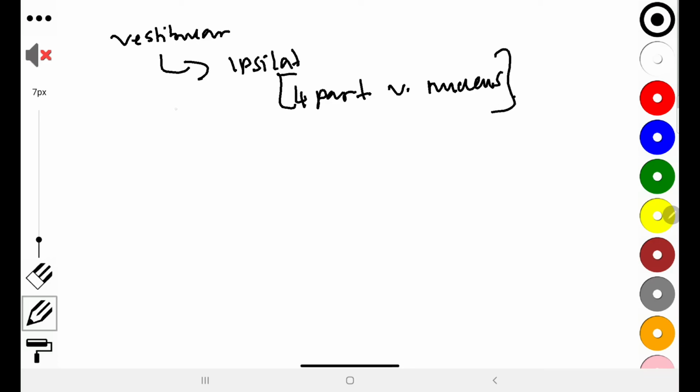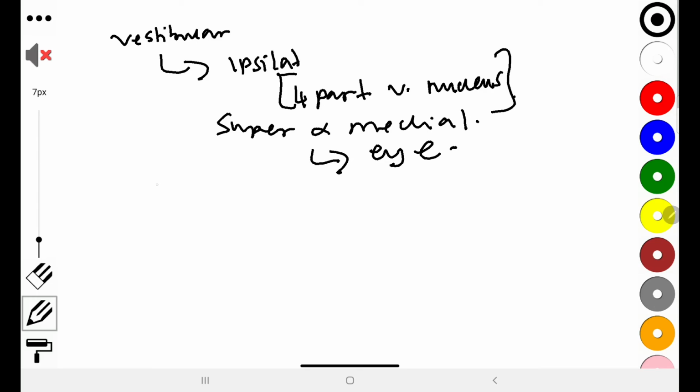Fibers from the semicircular canal end primarily in the superior and the medial divisions of this, and then they project to control the eye.